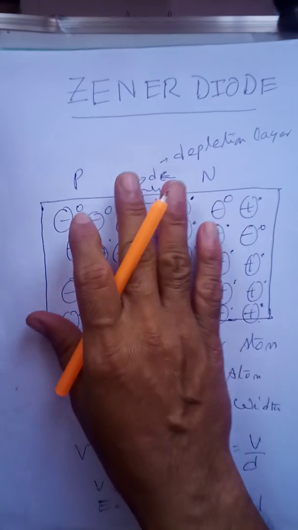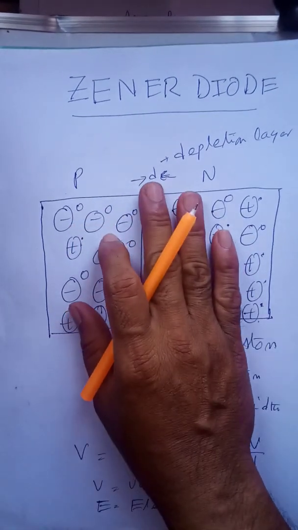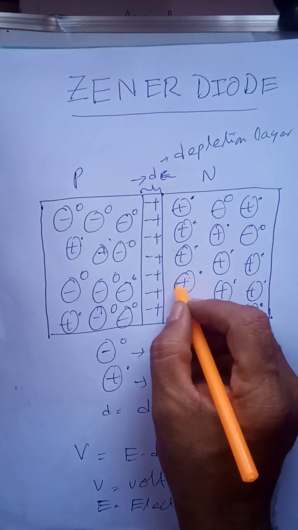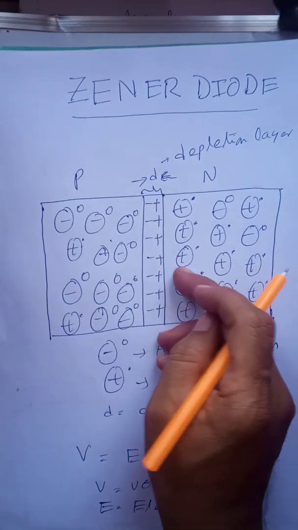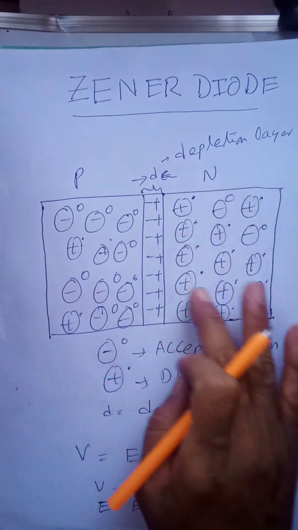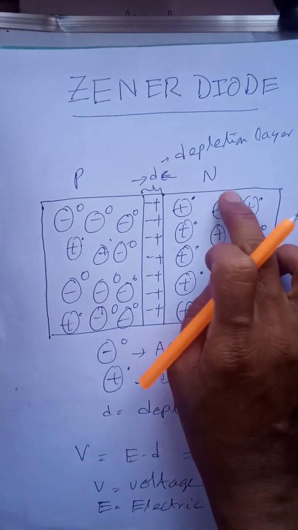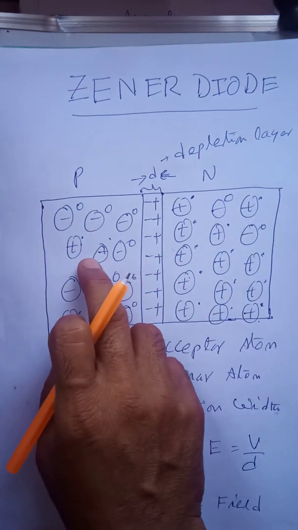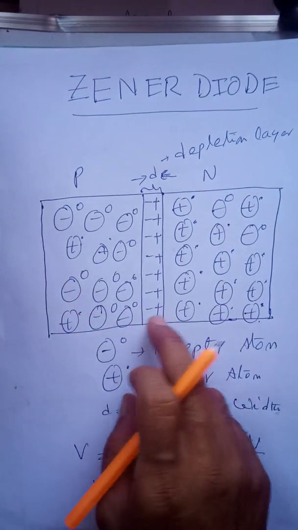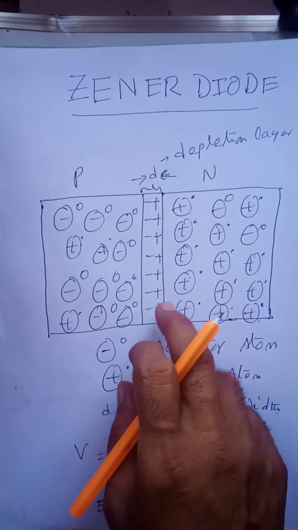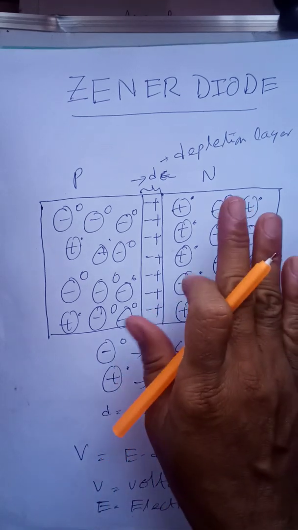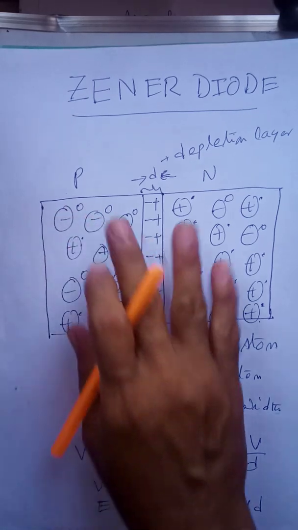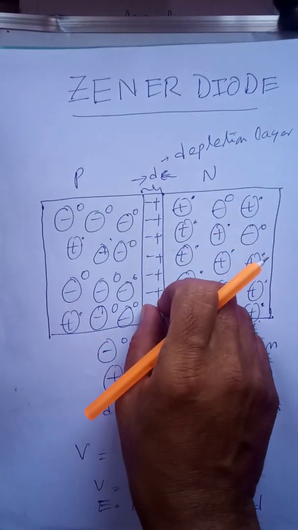This electric field intensity is sufficient to draw the maximum electrons from this side, and similarly the holes on the other side. Holes are minority carriers in N and electrons are minority carriers in P. Once the electric field intensity is very high, it is sufficient to draw the minority carriers from the N and the minority carriers from the P towards the junction.